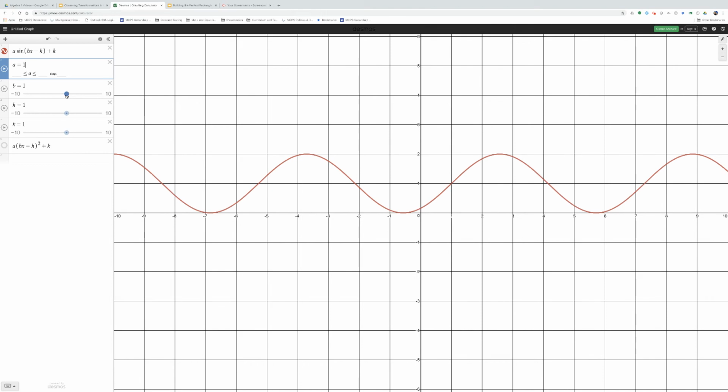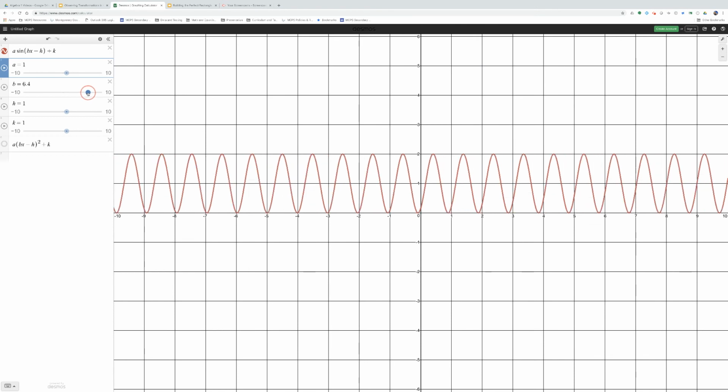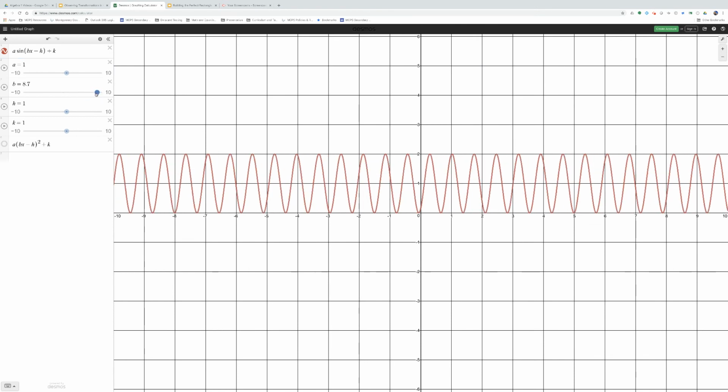Let's play around with b for a second. As I increase b, I see that the waves are happening faster, or the number of waves per unit has increased, or the waves get closer together. There's a number of ways students may describe this.